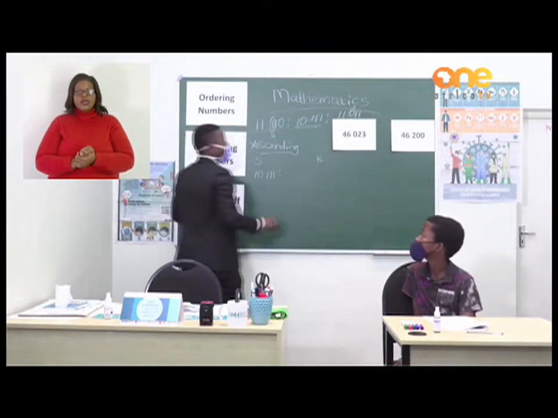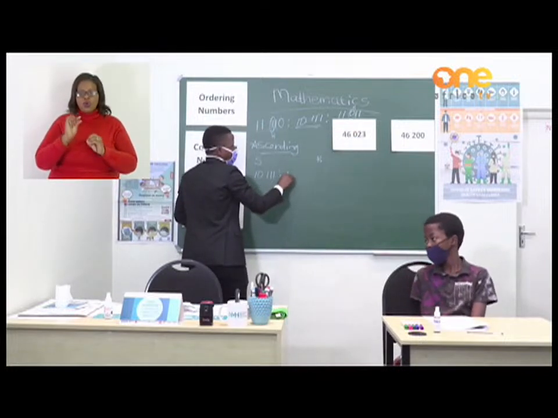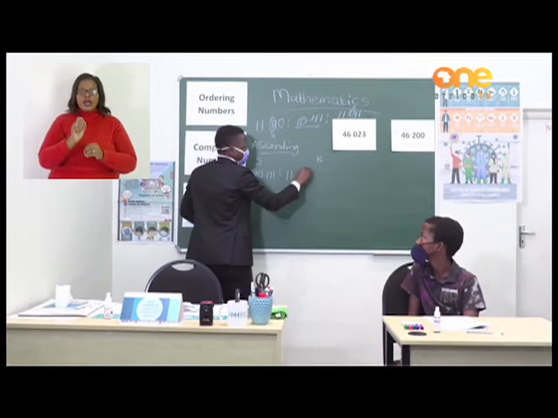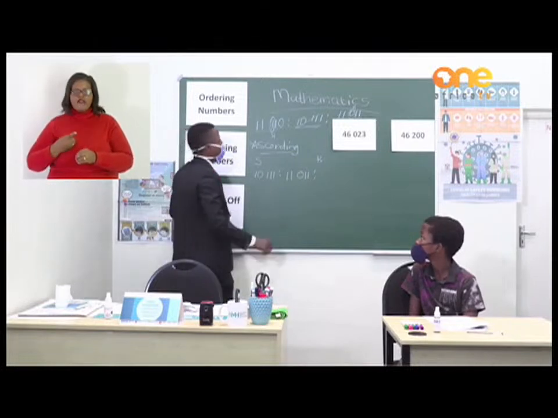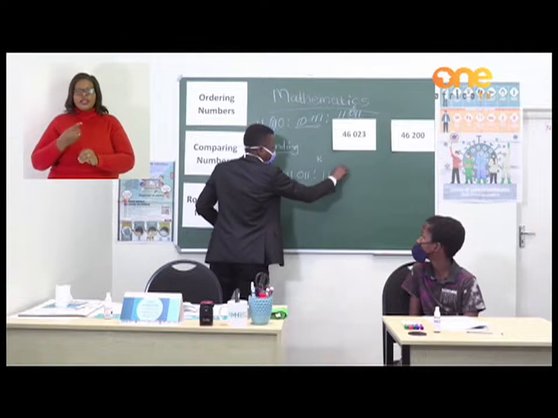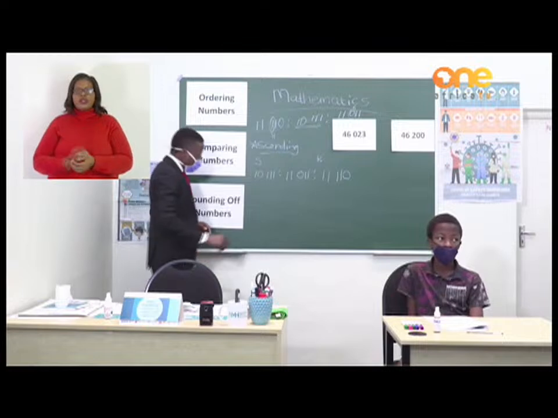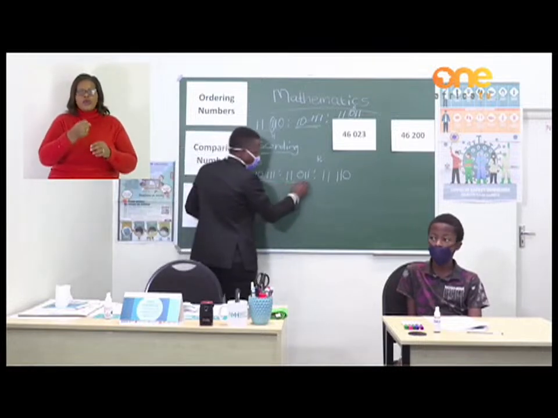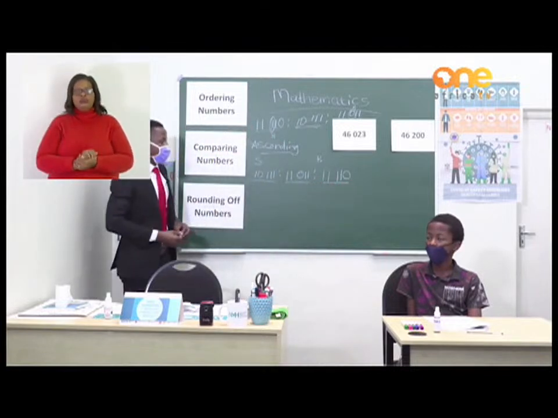That way, we know that this number will be the smallest. So I'll write that one first. And the last number, which is the biggest, will be 11,110. So in this manner, you can see that this is the smallest number, followed by that, and the last number, which is the biggest, stays there.